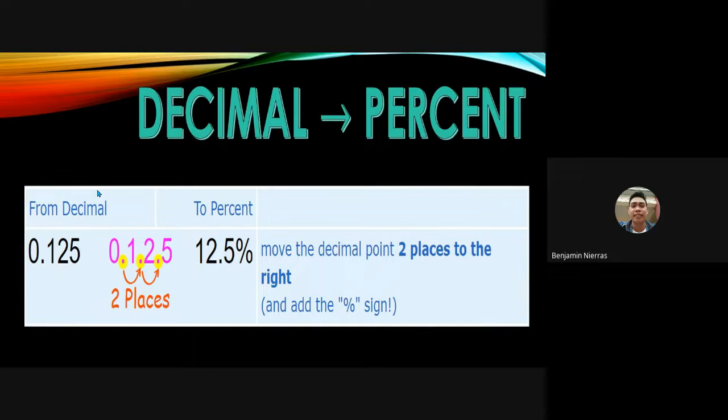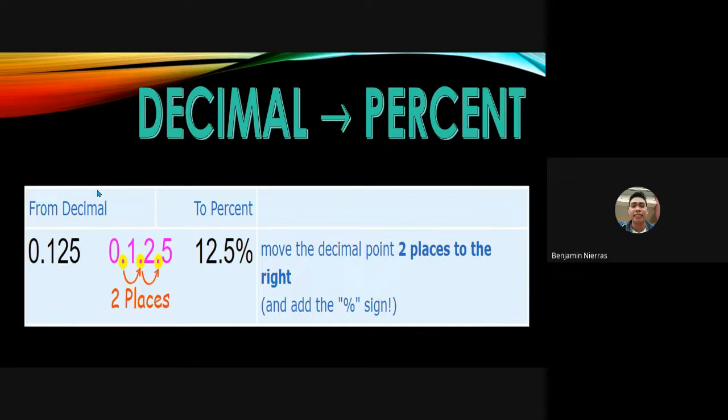As you can notice, the decimal point moved to the right twice. Why do we move the decimal point to the right? Because behind this shortcut method, the secret in calculation is that we just multiply the given decimal number 0.125 by 100. Multiplying 0.125 by 100, the answer in your calculator is 12.5.